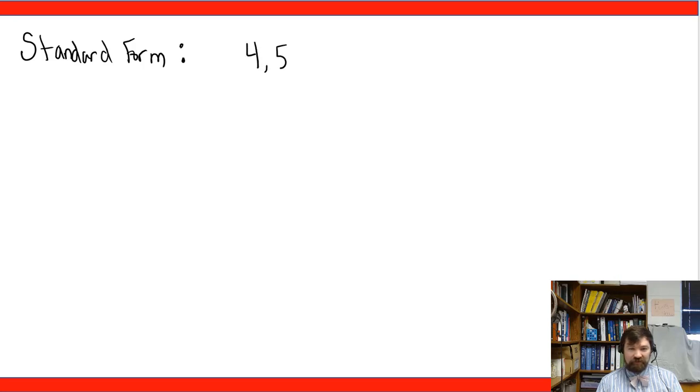everybody who has sort of gone through school, especially in the US, should already be familiar with what's called standard form. Standard form basically is how you're used to writing numbers, where you just write the number out and maybe use some commas to separate digits.